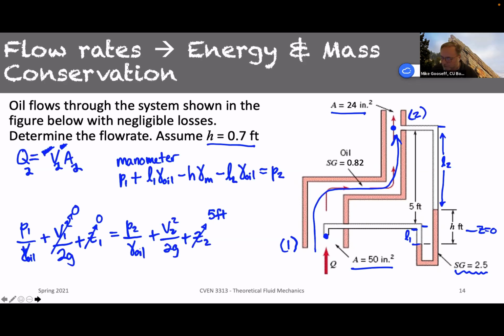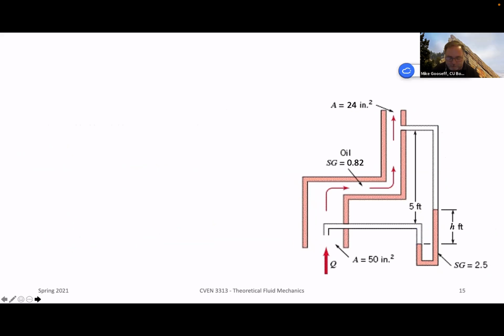Okay. So now I'm going to rewrite this as P1 over gamma oil is equal to P2 over gamma oil plus V2 squared over 2G plus 5 feet.